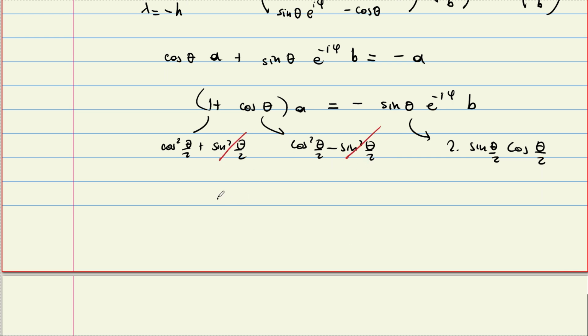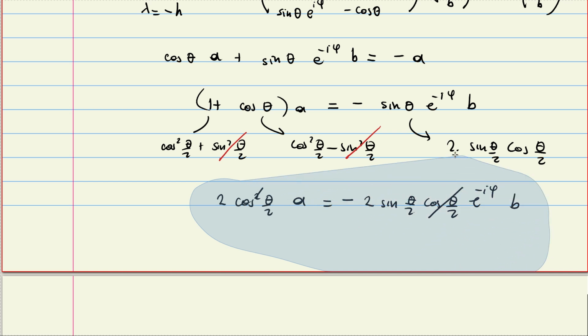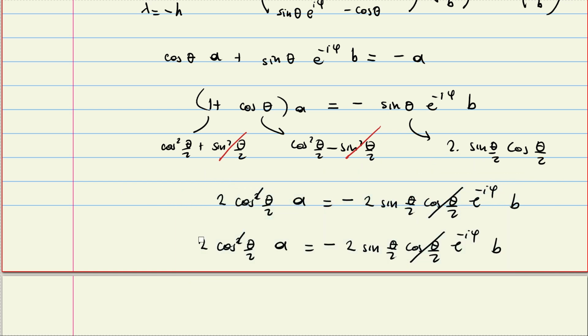So this is going to be 2 cosine square theta over 2 A is equal to minus 2 sine theta over 2 cosine theta over 2 e to the minus I phi B. So this one is going to cancel this one. Okay, let me just write in 2 lines. So this one is gone. These 2 are gone. So this one is gone.